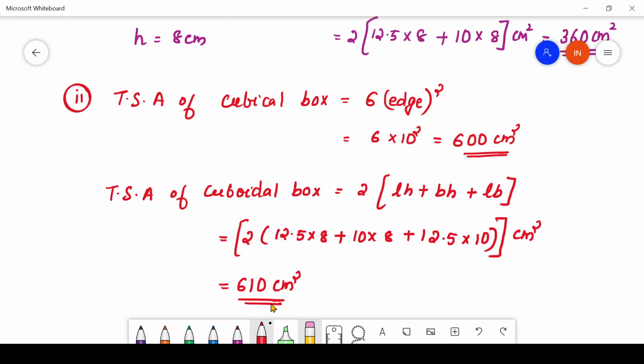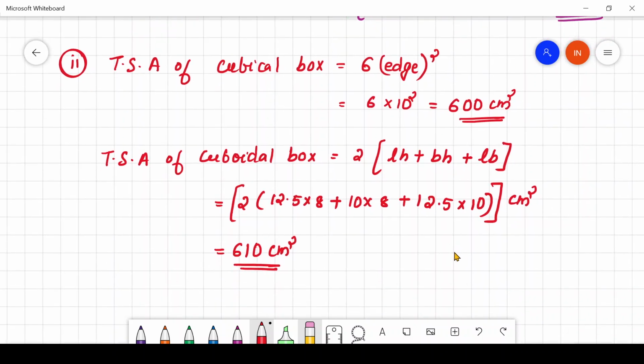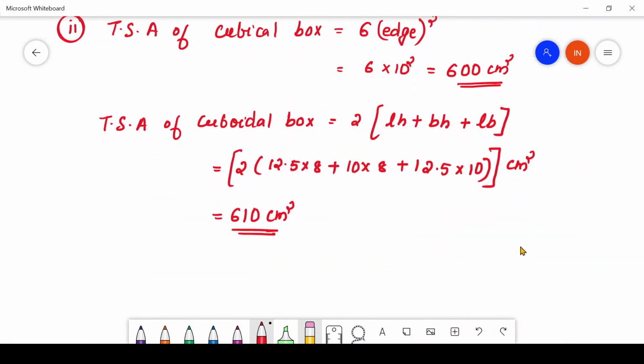So you have to check which box, the cuboidal box or the cubical box, will have the smaller total surface area. Which is having the smaller total surface area? Yes, the cubical box has the smaller surface area than the cuboidal box, and by how much?